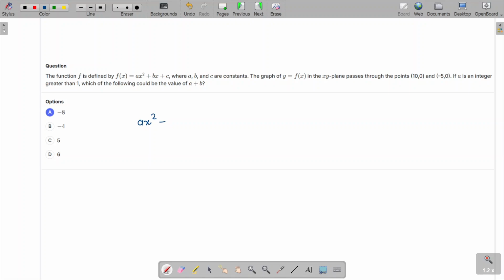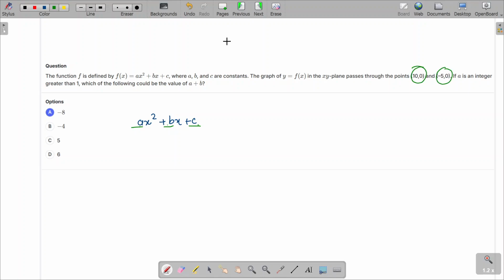I already told you, whenever there is a quadratic equation, how many unknown values are there? Don't count x and y in that. Unknown value means other variables. We count the variables other than x and y. So 1, 2 and 3. We have three variables. How many points are given? 2 points.